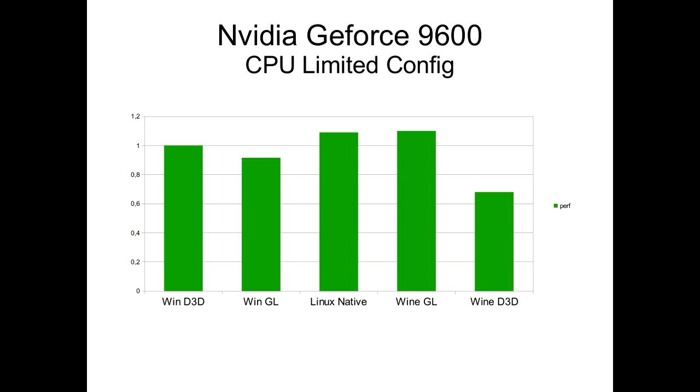Wine's Direct3D performance sucks. It's our fault. It's not the driver's fault in this case. And in the CPU limited case, the results are pretty similar across games. So the standard deviation, I didn't calculate it, but it was probably 10%, which is still noticeable, but it's not quite as bad as in the GPU limited configuration.